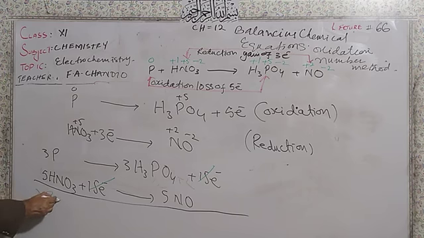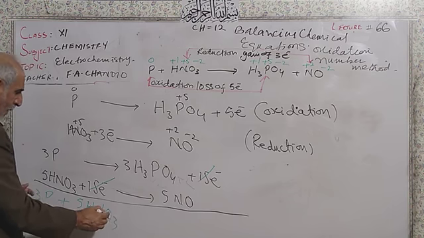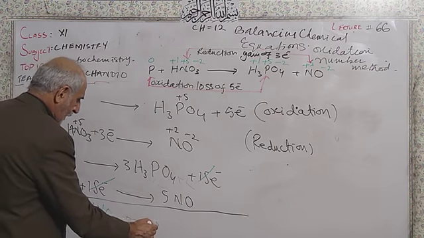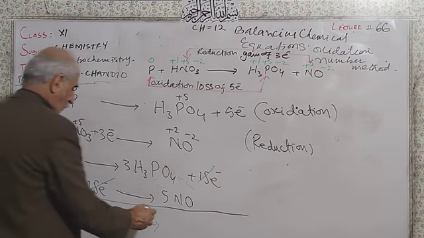Now write whole equation. 3 phosphorus plus 5 nitric acid give 3 phosphoric acid plus 5 nitric oxide.